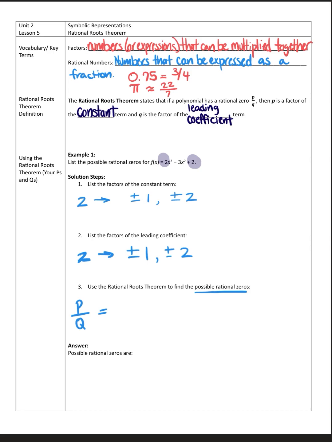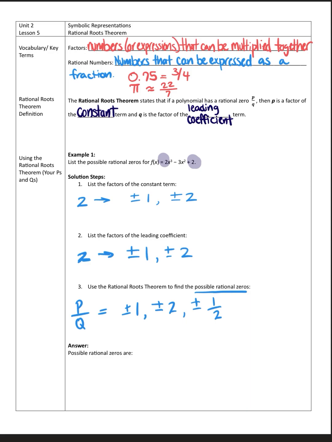Based off of these fractions, these are going to be your P's over Q's. These are going to be your possible rational zeros, okay? So if I were to make a whole bunch of fractions based off of these two sets of factors, I would have positive and negative 1. I would have positive and negative 2. But then I would also have positive and negative 1 over 2, okay?